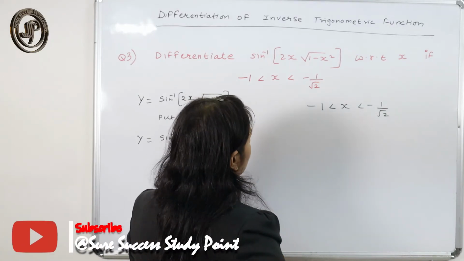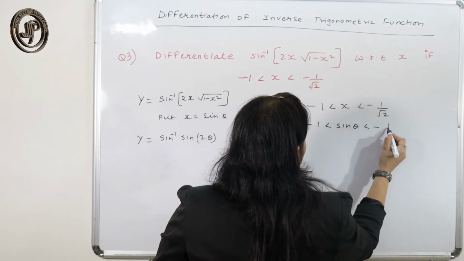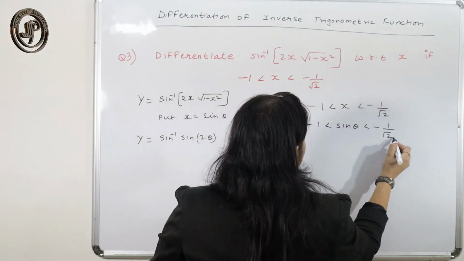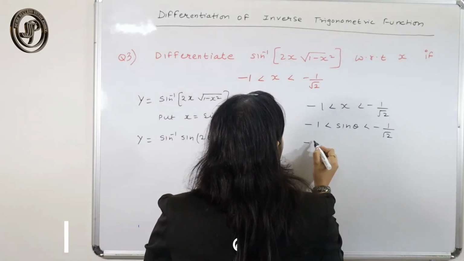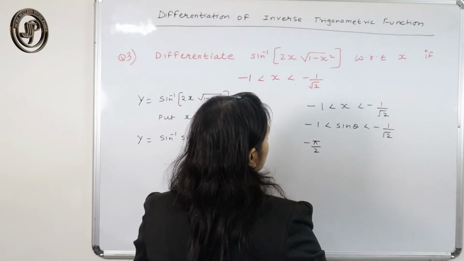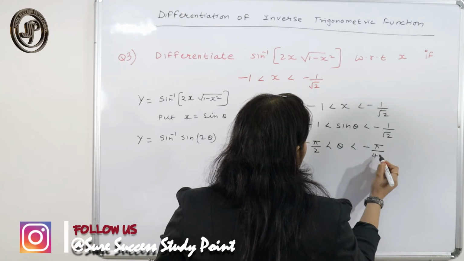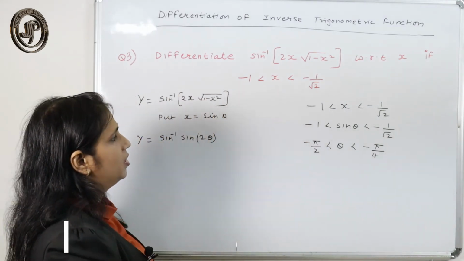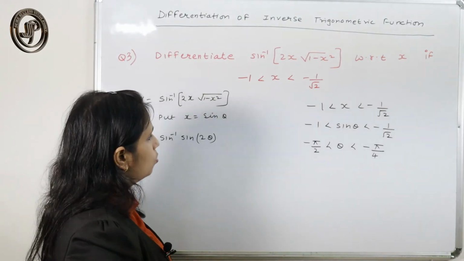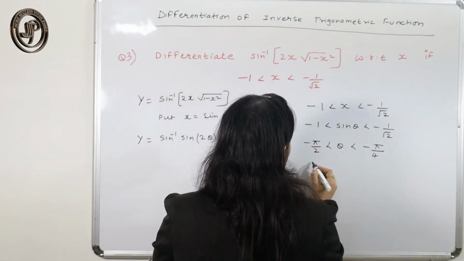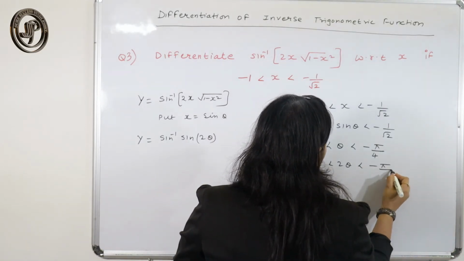See, with sine theta, we can write this 1 sine theta. So 1 will be on pi by 2, theta, this is minus pi by 4. Okay, so sine theta is 1 when pi by 2, sine theta is 1 by root 2 when pi by 4. So for 2 theta, this will be minus pi, 2 theta minus pi by 2.